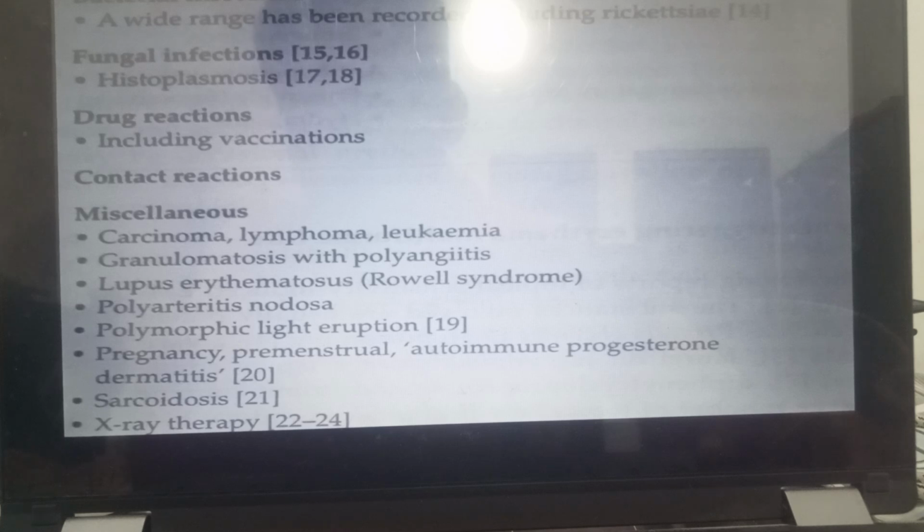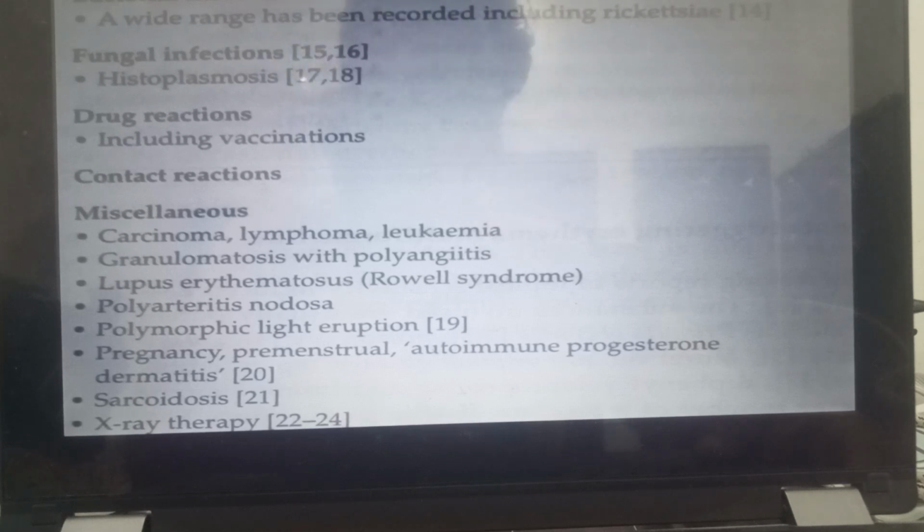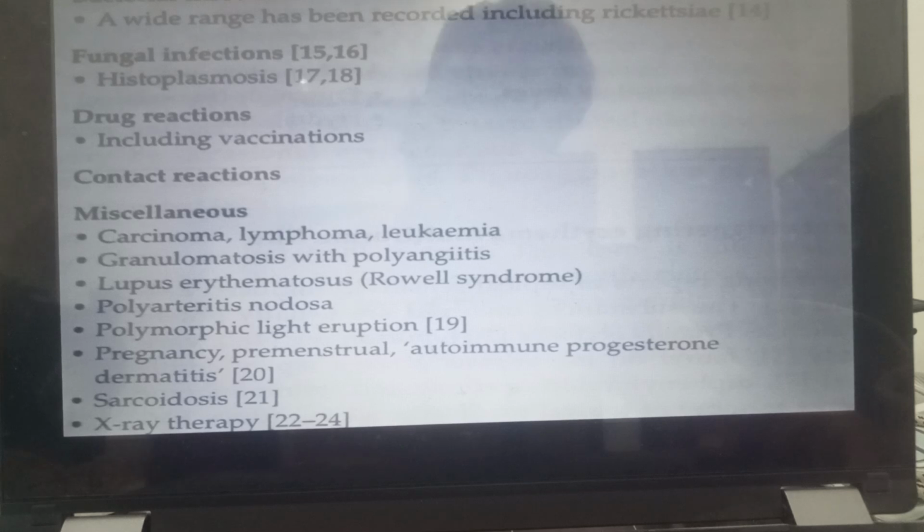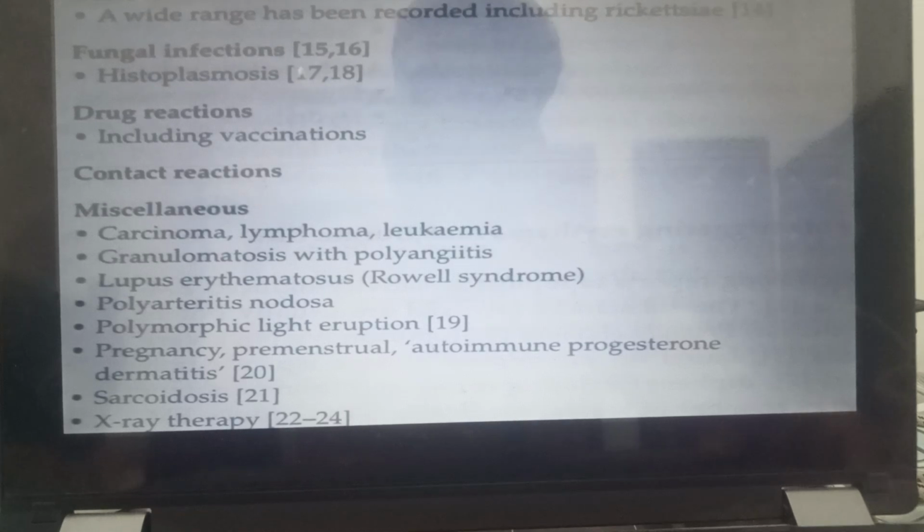It is also caused by some miscellaneous agents, for example carcinoma, lymphoma, leukemia, granulomatosis with polyangiitis, lupus erythematosus, another name for which is Rowell syndrome, polyarteritis nodosa, polymorphic light eruption, pregnancy, premenstrual autoimmune progesterone dermatitis, sarcoidosis, and X-ray therapy. So these are all causative or etiological agents for erythema multiforme.